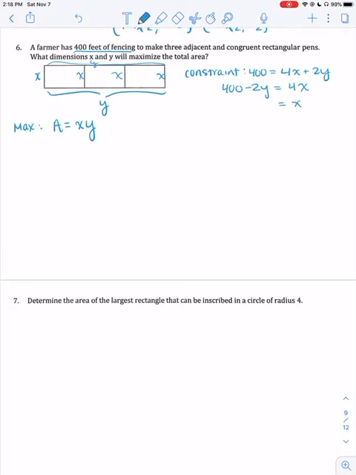I'm going to divide each of these by 4. So 400 divided by 4 is 100, and 2y divided by 4 is going to become negative 1/2 y. And now substitute that into this guy.